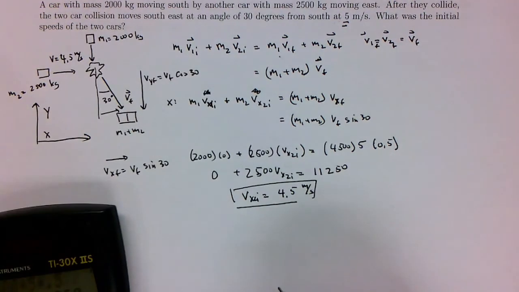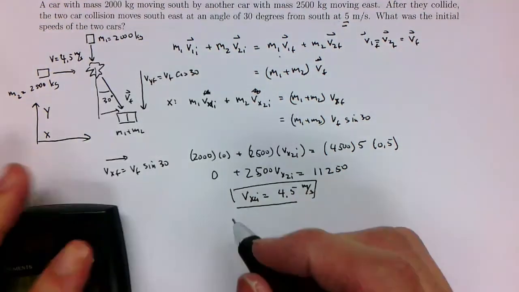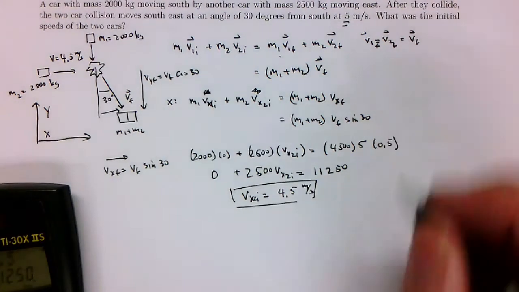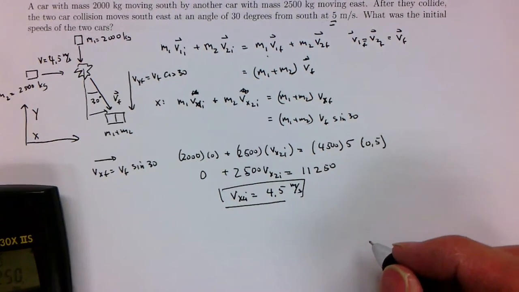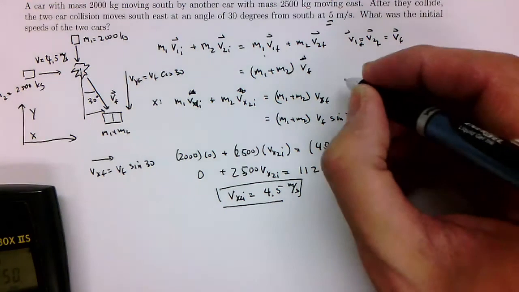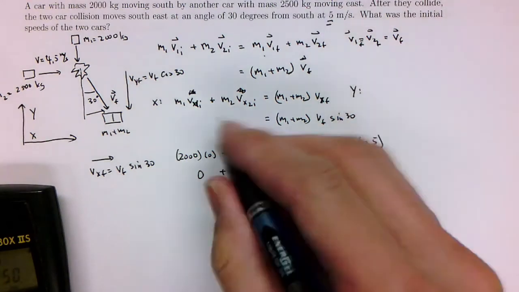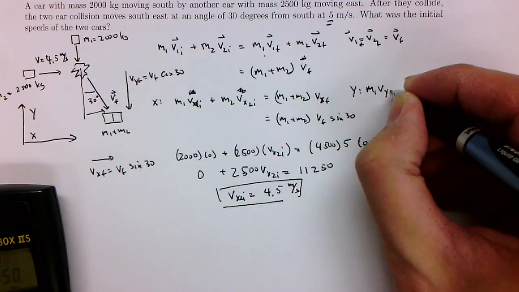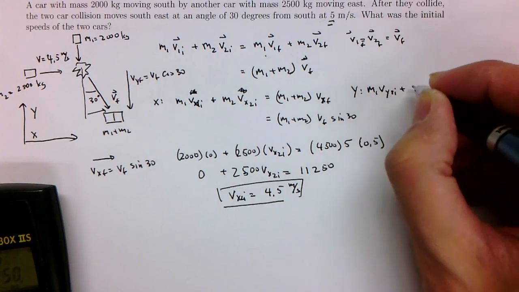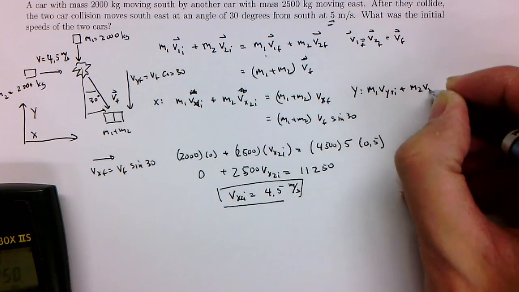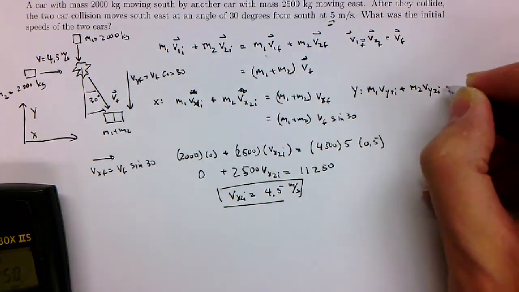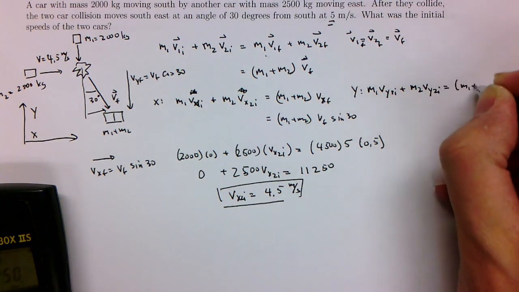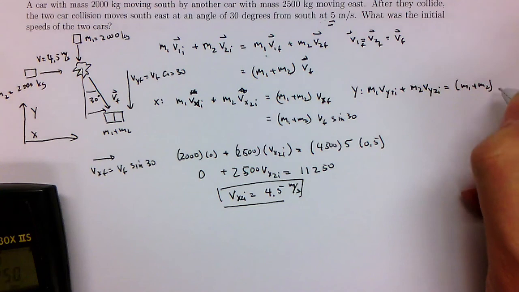Now let's do the other one, the car that's moving south. For that, we need to consider the y component. The y component of this equation is just going to be M1 Vy1 initial plus M2 Vy2 initial is equal to M1 plus M2 times Vy final.